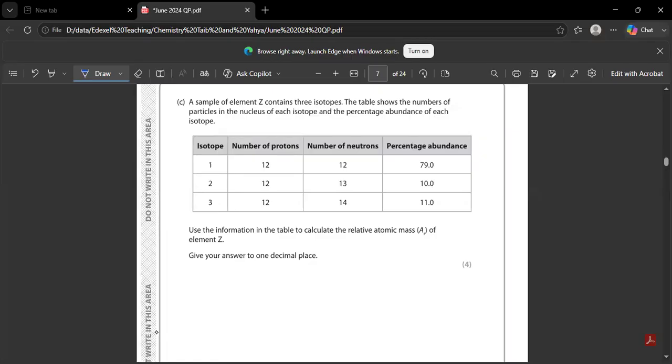Since in the nucleus there are protons and neutrons, right?